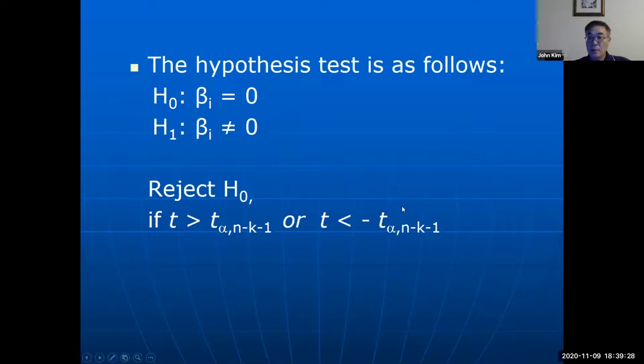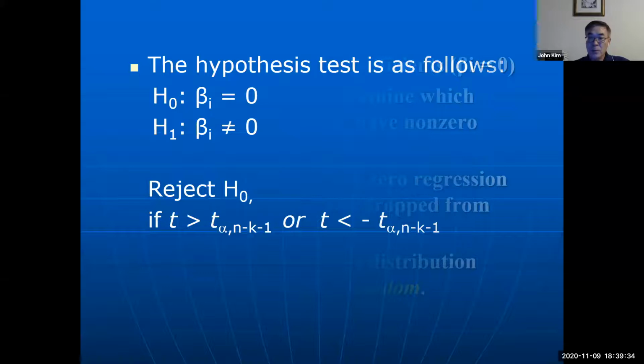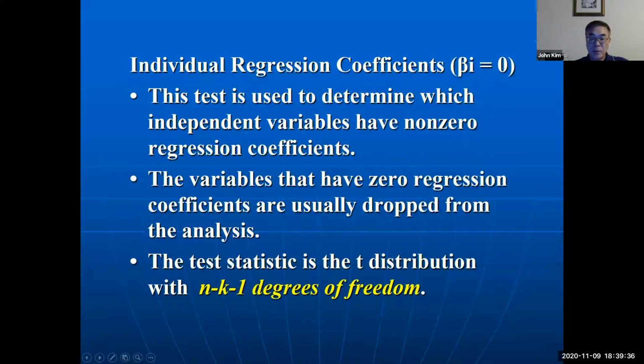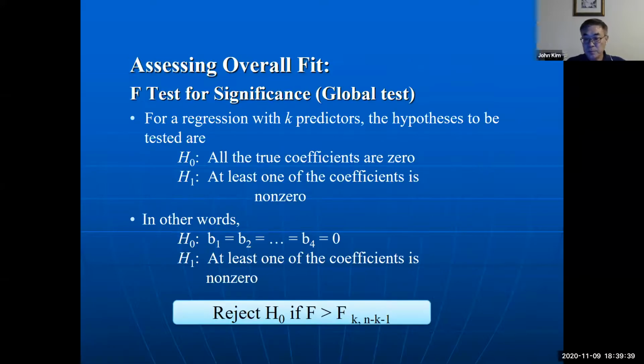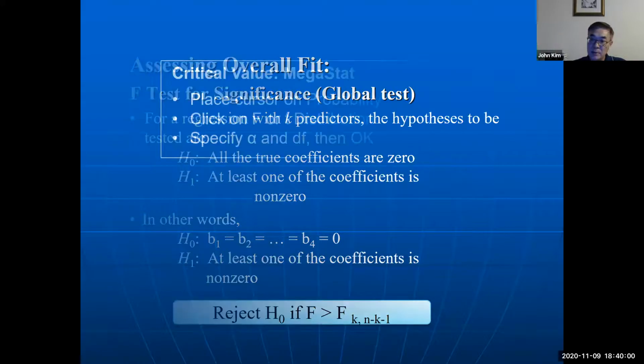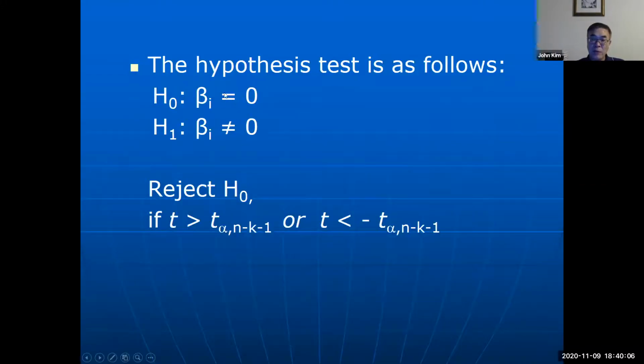So, you know, the global test is a one-tail test, because the F distribution is always positive. So there is only one side of rejection area. But for this individual test, the null hypothesis has only an equal sign.